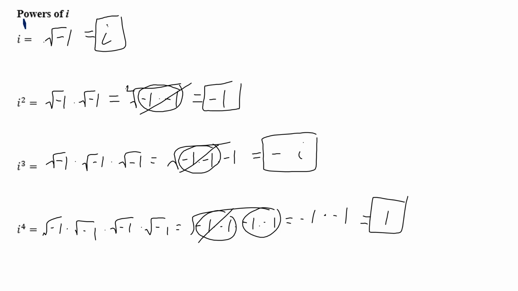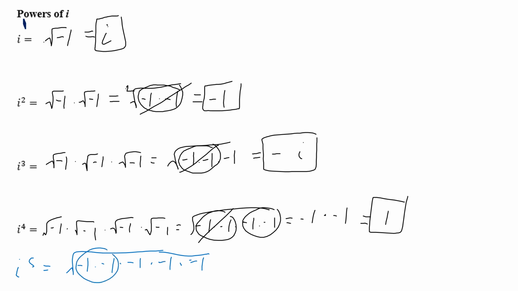Okay. Now, so far we know that i to the first is just i. i to the second simplifies to negative 1. i to the third simplifies to negative i. And then i to the fourth is just 1. So let's see what happens if we were to do i to the fifth. Eventually that's going to be 1, 2, 3, 4, 5.